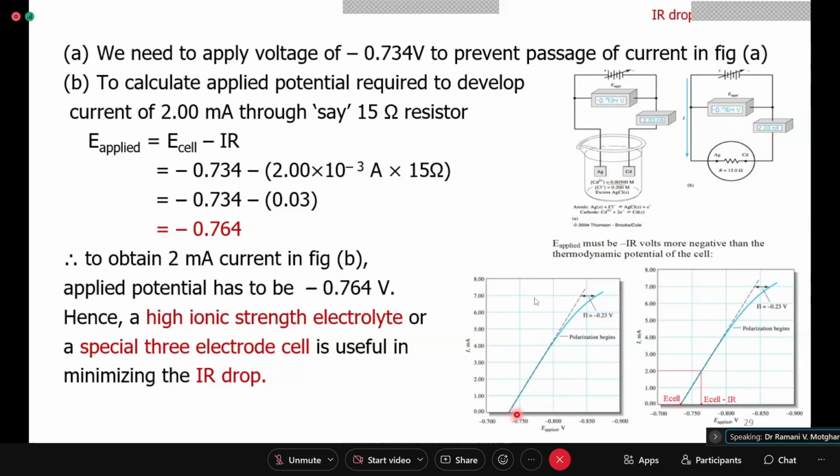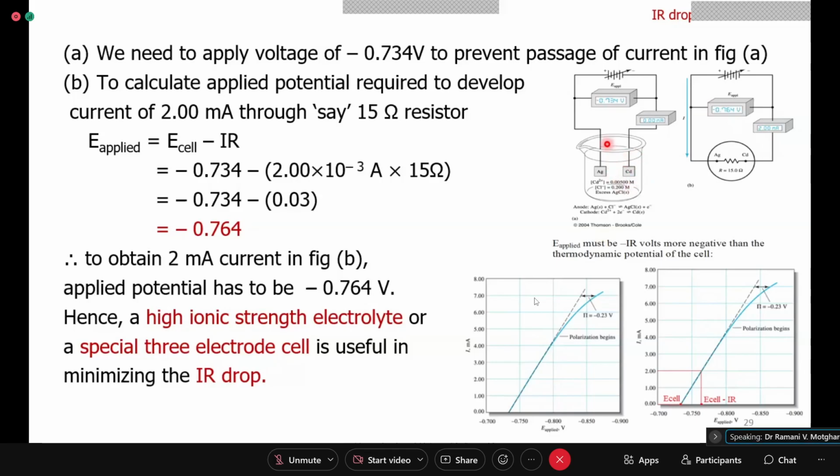You program your instrument accordingly, so the potential is changing, and within 5 seconds it has changed from here to here. In 5 seconds, the ions in the vicinity are depleted. The cations are depleted, so there are no more ions.